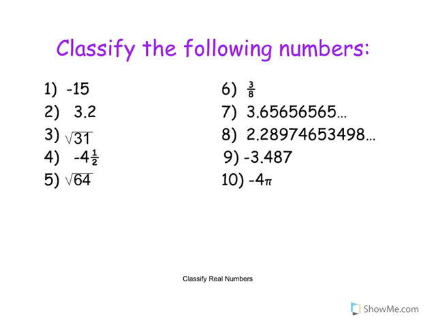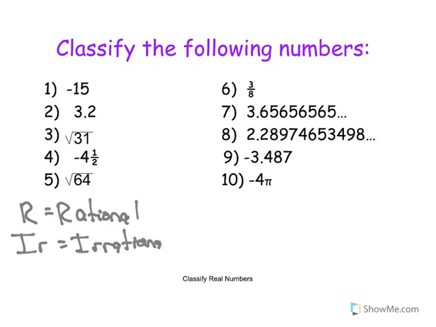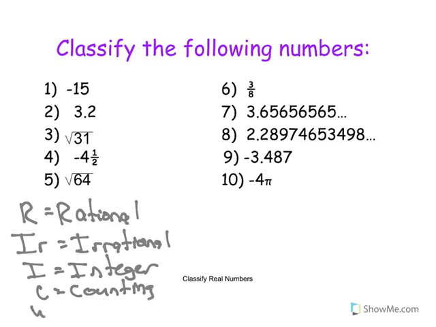All right, so let's take a look at something. What I'm going to do, and I suggest you do this for your homework as well, is make a key. I'm going to say R equals rational, IR equals irrational, I equals integer, C equals counting, and W equals whole.